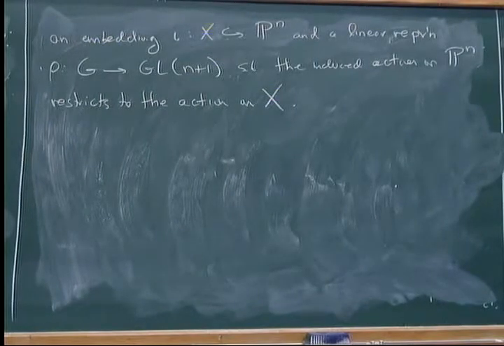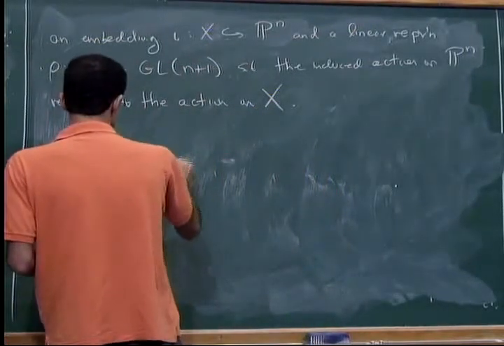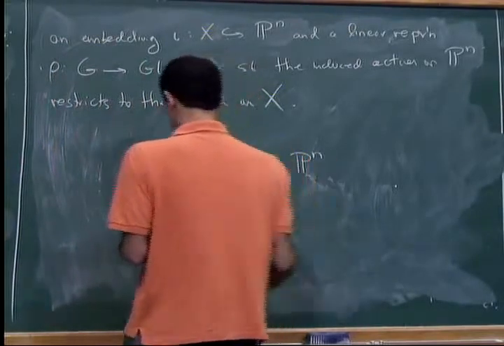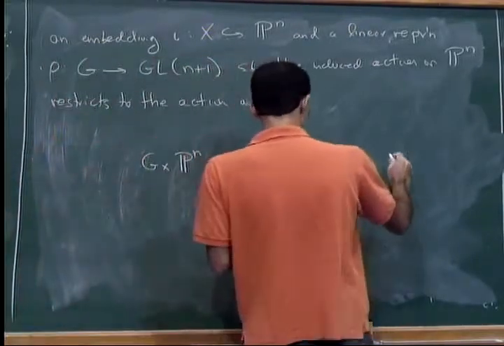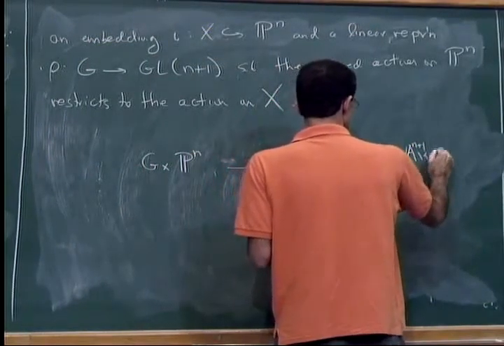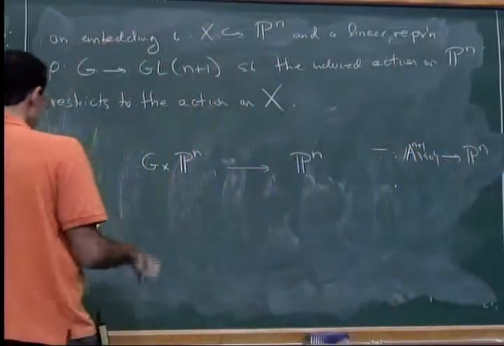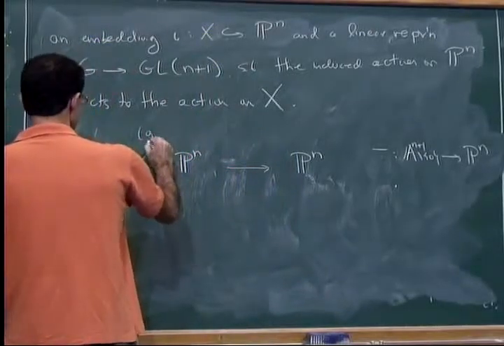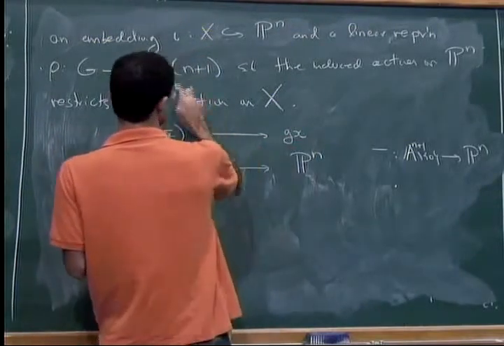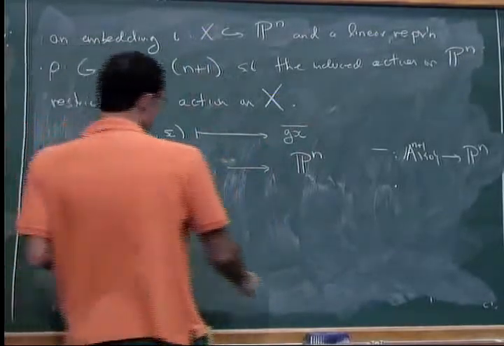Right? And what I'm saying here in terms of diagrams, so we have an action of G on P^n. If I call bar the map from the affine space to P^n, right? Then this map is simply I act on X by GL(n+1), and then I take the bar. So this is the action induced by rho.